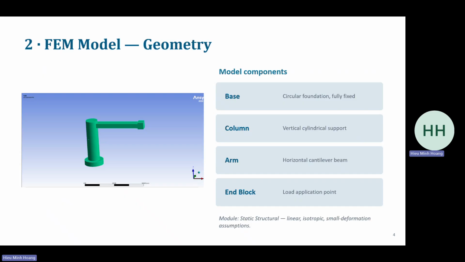The arm is a horizontal cantilever beam, and the end block is where we apply the load. I do a static structural analysis with linear, isotropic, and small deformation assumptions.